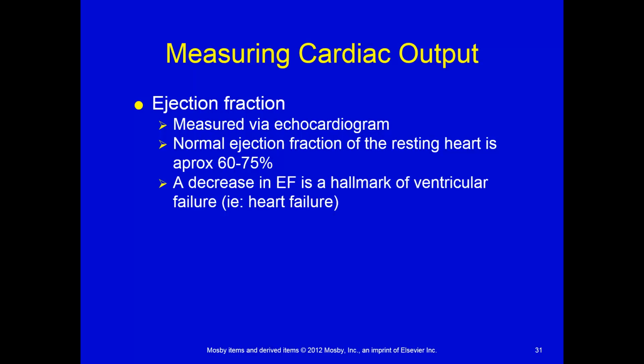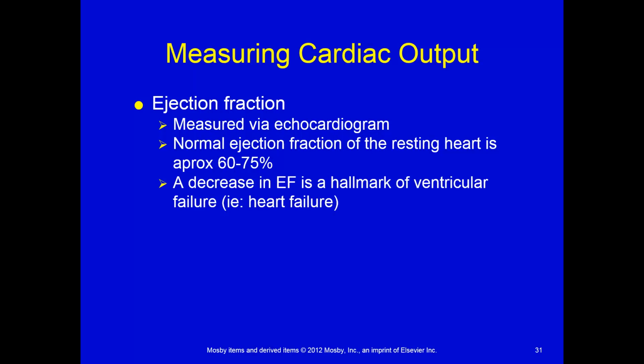Ejection fraction. It's measured via an echocardiogram, so you send someone in for a radiographical study where they can visualize the contraction of the heart and also measure how much blood is getting ejected out. A normal ejection fraction of a person sitting here resting should be about 60 to 75%.